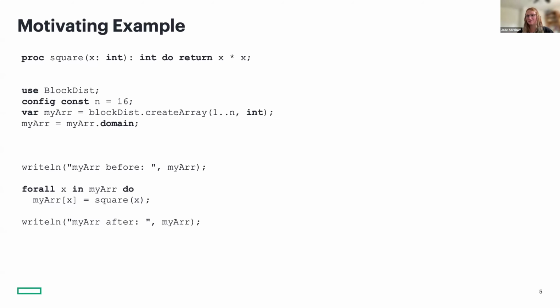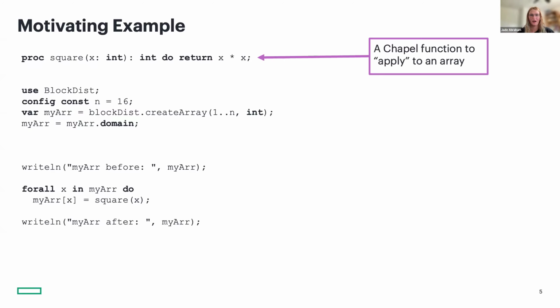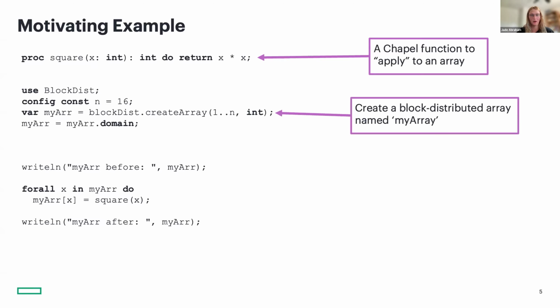This is the motivating example that led to this library being created. I have some Chapel function that I've called square here, and I want to apply it to an array. For each element in the array, I want to call this function and update the array. Just to walk you through what this code is doing, I'm creating a block distributed array here.